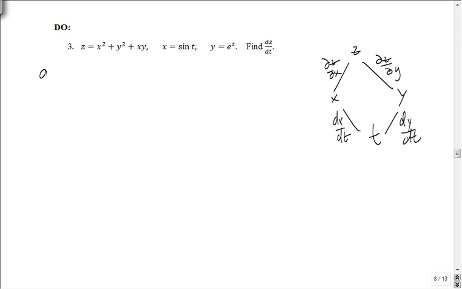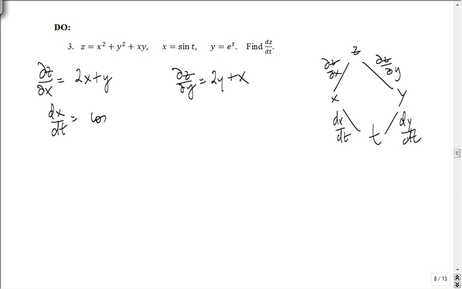One person give me partial z with respect to x, please. 2x plus y. Somebody else give me partial z with respect to y, please. 2y plus x. Somebody else give me dx dt and dy dt. Okay, so you multiply to get dz dt.